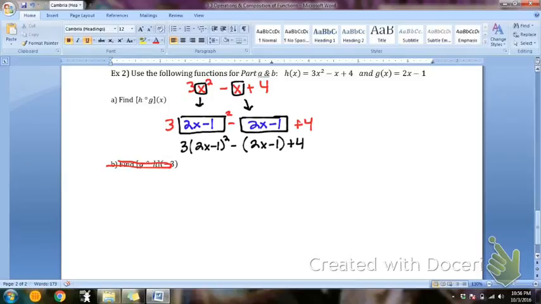Now we need to talk about a couple things. First of all, this 2x minus 1 squared means that we need to do the box or FOIL or whatever method you choose to do. So take a minute and do 2x minus 1 squared.